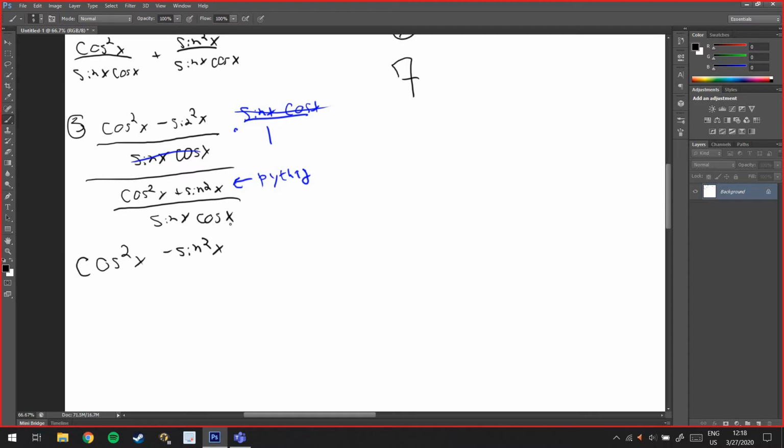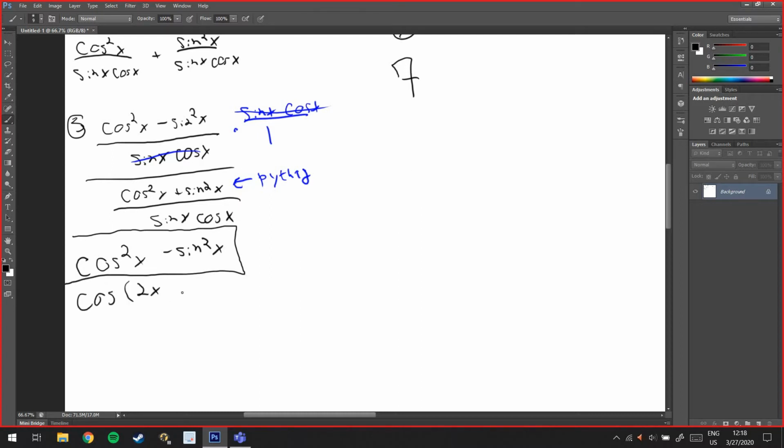And if we go back to the double angle identities, this is just equal to cosine of 2x.